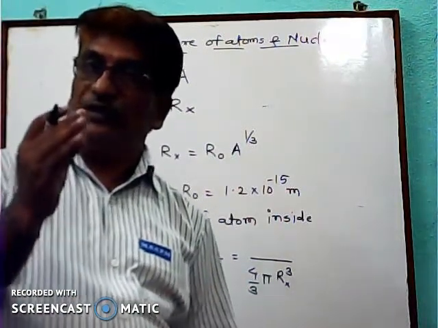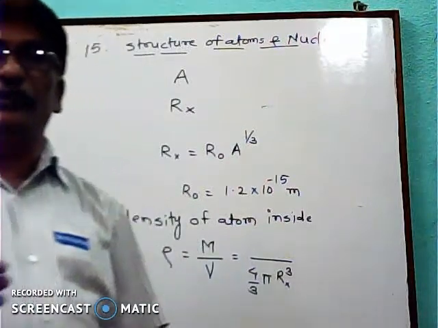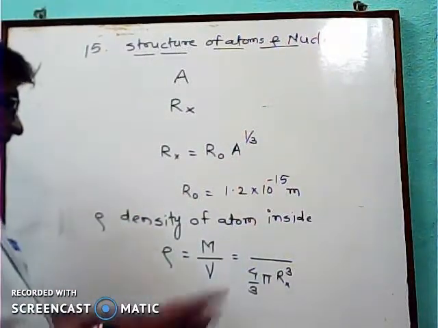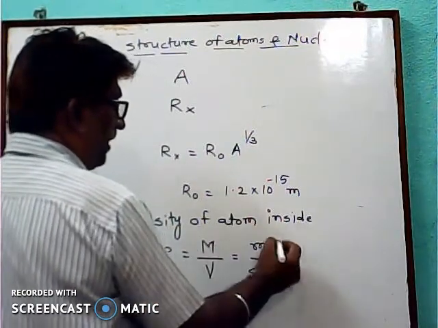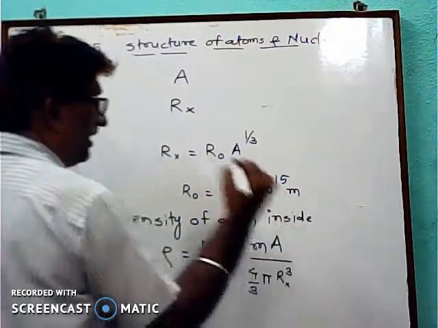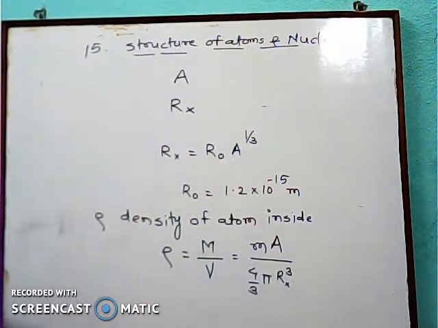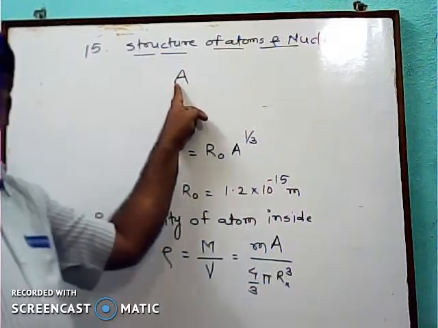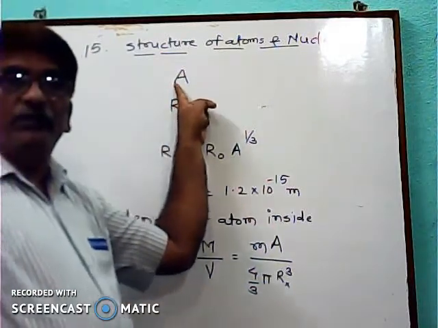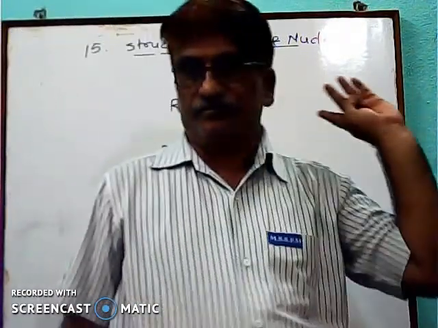For element X, its nucleus has radius Rx, and the mass will be small m into atomic mass A, because capital A is the atomic mass number.